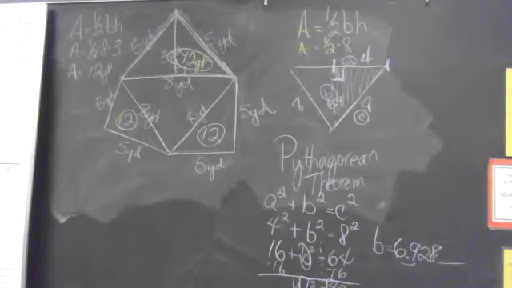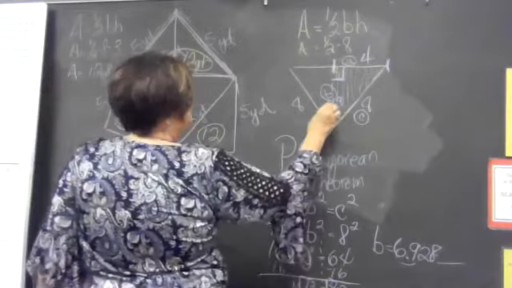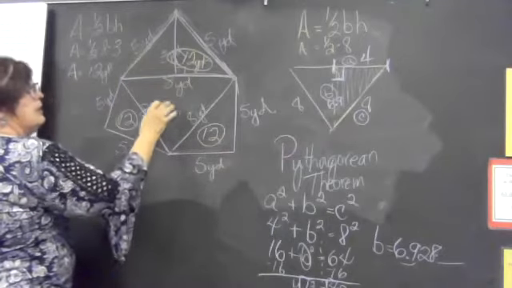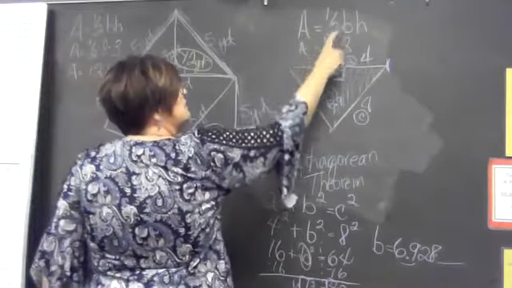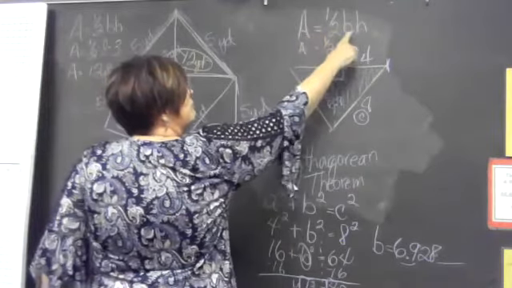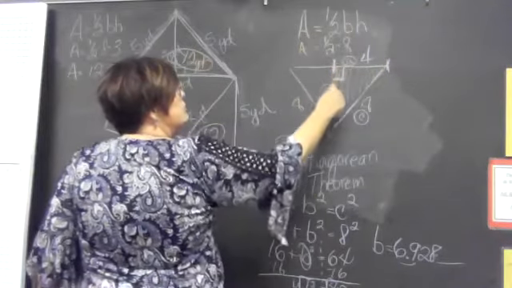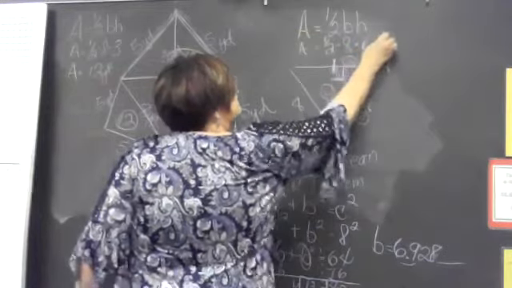Got it? Okay. So now, can we find the area of this piece? Okay, and we find it exactly like this. Area equals 1/2. The base we said was 8. Now we know the height times 6.9.